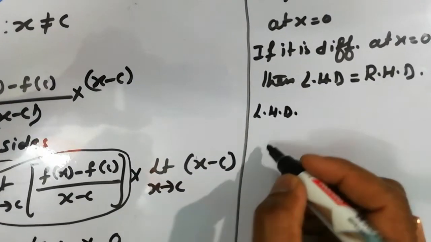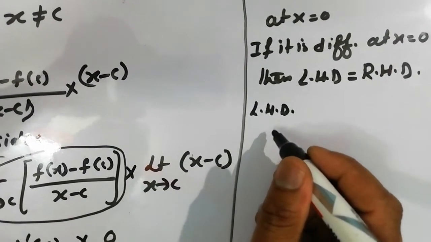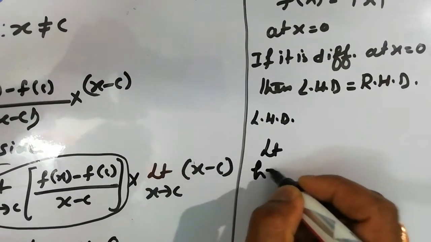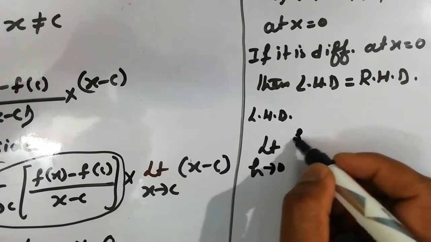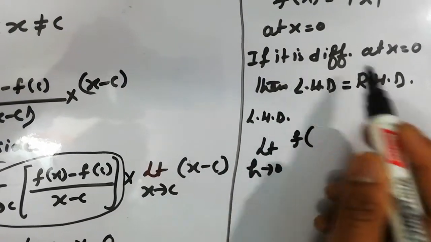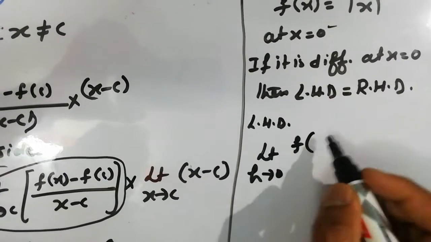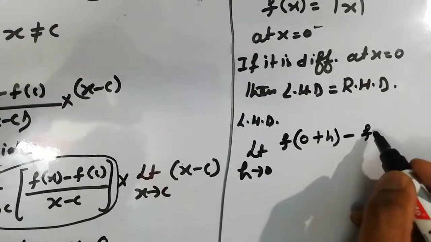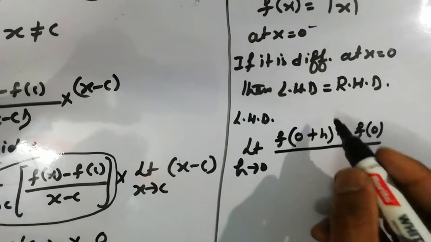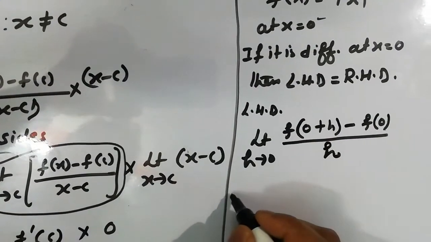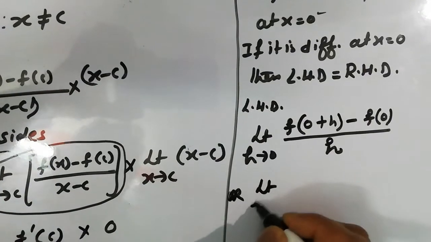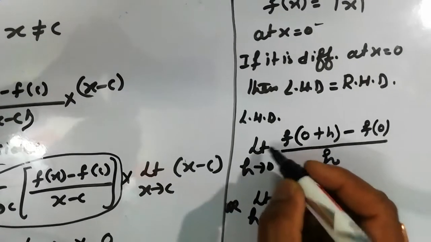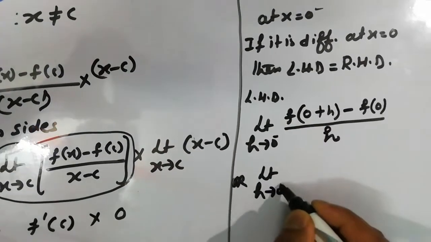So firstly, let us consider the left hand derivative. In the left hand derivative, what we have to write is limit h approaches 0, f of, your formula is c plus h, but here c is 0, so we can write 0 plus h minus f of c, c is here 0, so we can write f of 0 upon h. Firstly, the left hand limit we have to consider from the left side.